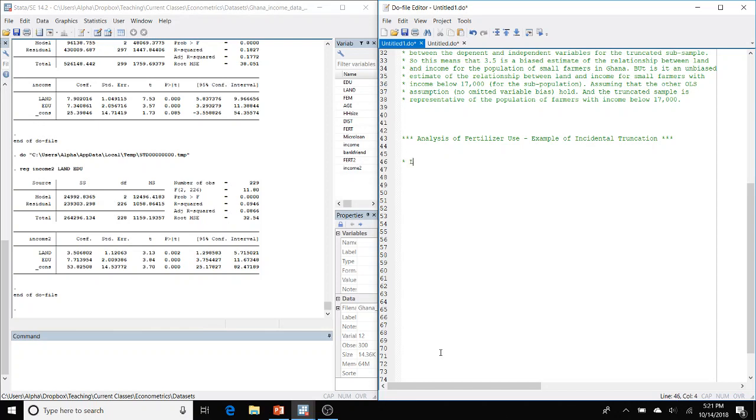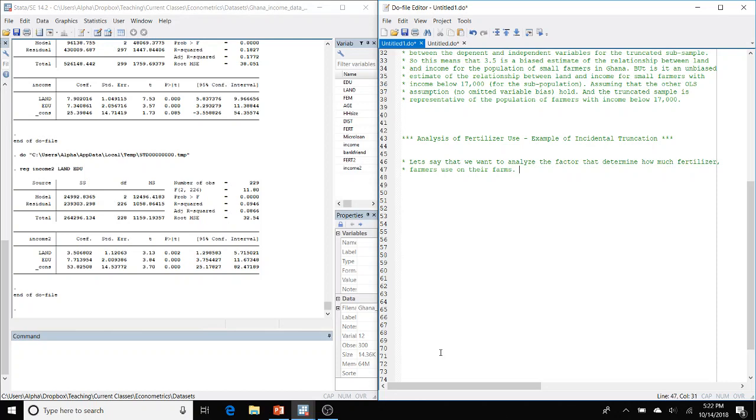All right, so let's say that we want to analyze the factors that determine how much fertilizer farmers use on their farms. Okay, so that's what we want to do. We want to study that.